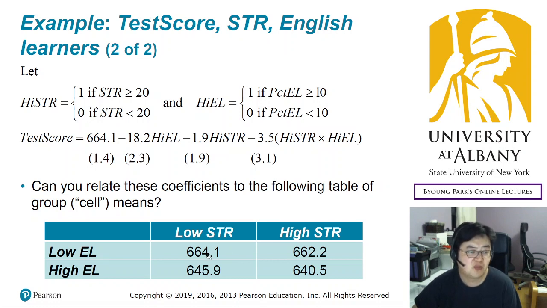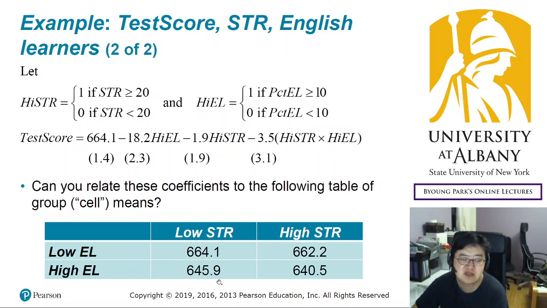And in more detail, if you calculate the expected test scores, you have low student to teacher ratio, high student to teacher ratio, low percentage of English learners, high percentage of English learners.